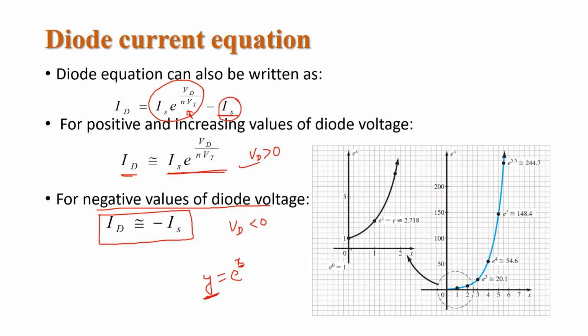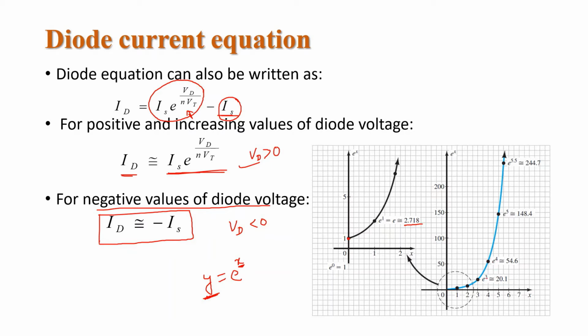As you will see here, at x equals 0, y is 1, that is e to the power 0 is 1. When x is equal to 1, e to the power 1 becomes 2.718.